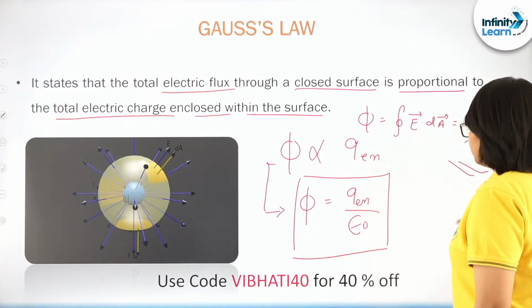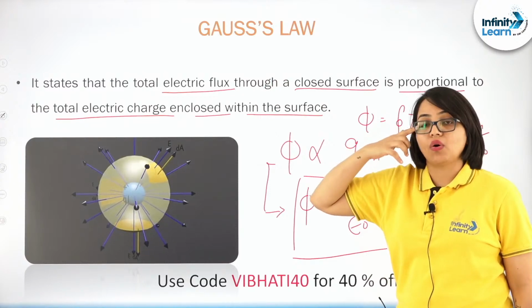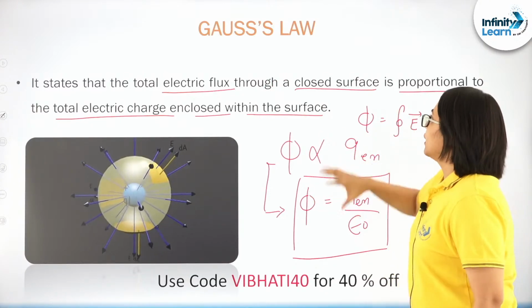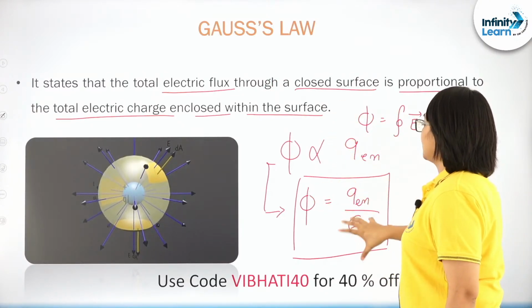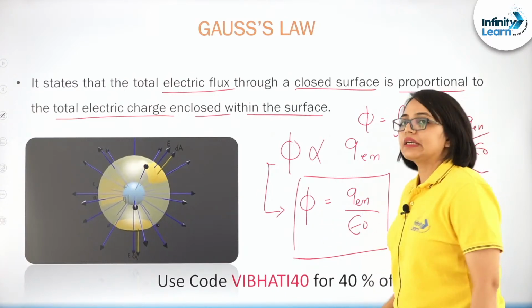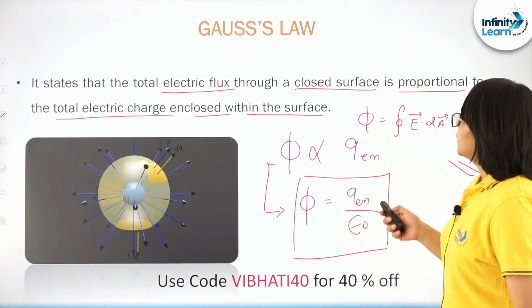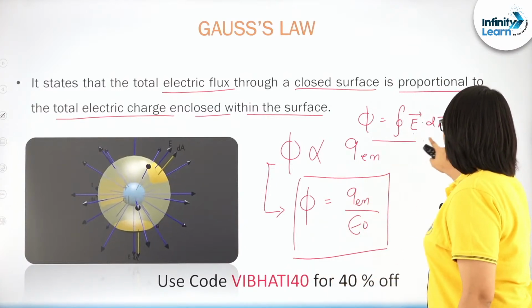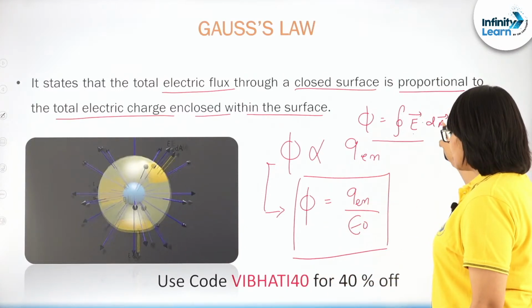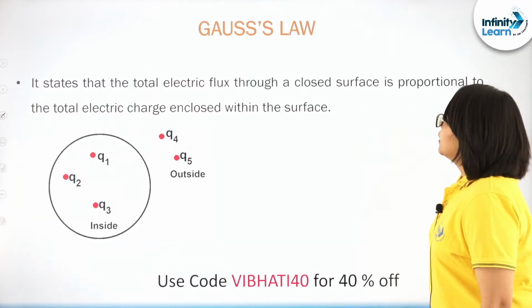This is nothing but the alternate way of Coulomb's law. In Coulomb's law and Gauss's law, what do we do? Basically, in Gauss's law you can relate the electric field to the charge, in a different way. So this is nothing new, but we have a different way of relating charge with the electric field. I hope this is clear, right?